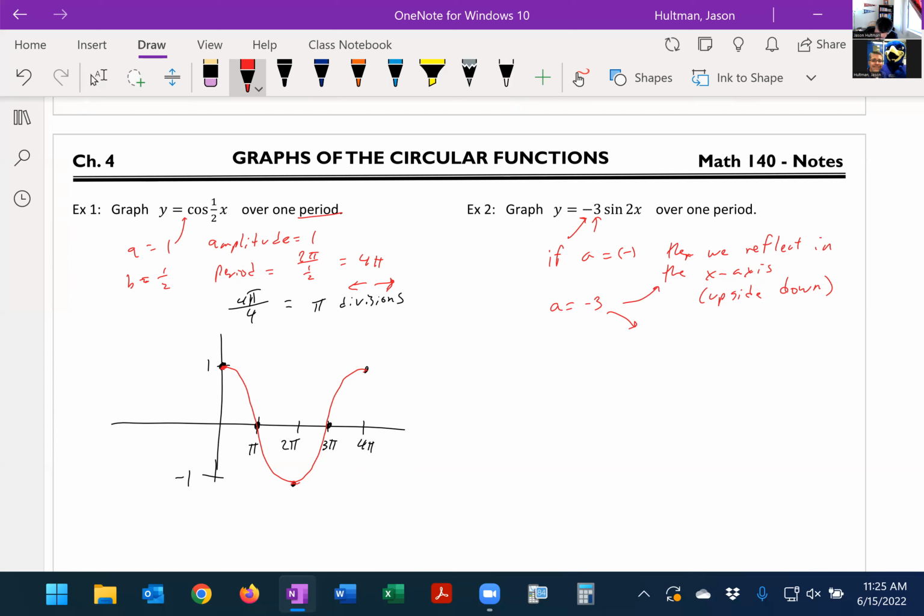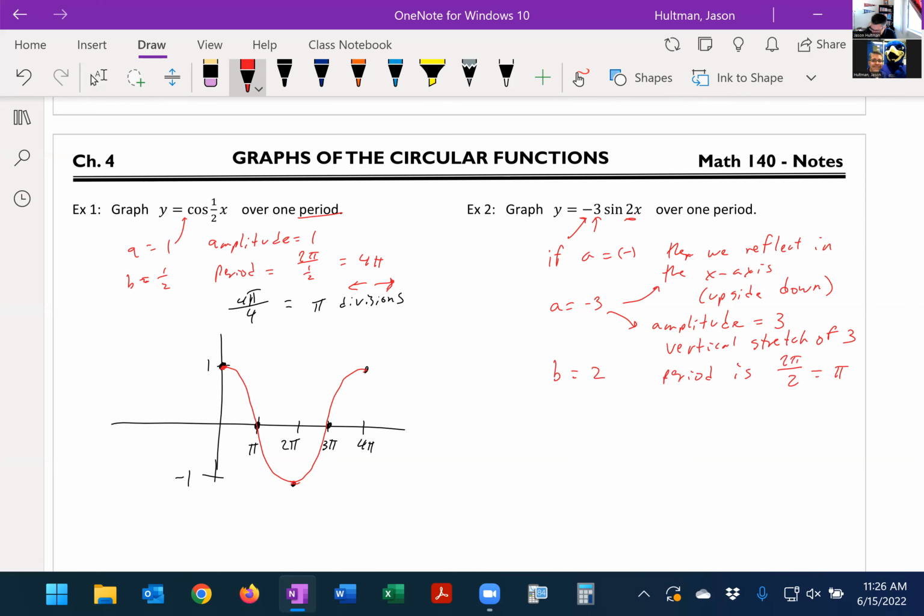So this is going to be an amplitude of 3, which is a vertical stretch of 3. And the 2 here, b equaling 2, tells me that my period is 2 pi over 2, which is just pi.